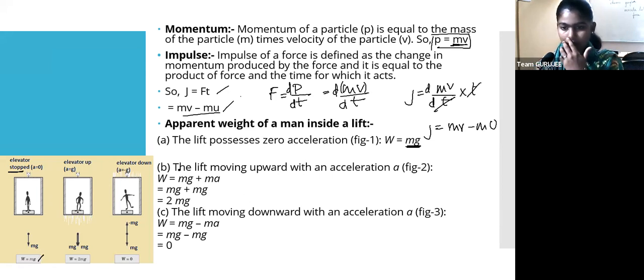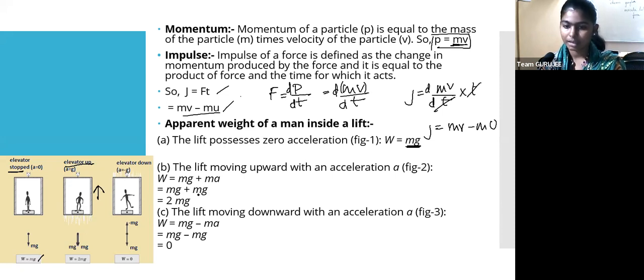Then in the next case, the lift moving upward with an acceleration of a. Elevator up, and here also your lift is having some acceleration. So as it is moving upward, your ma will be there. Your mg will be added with your ma, because it is moving upward, and your downward force mg is also there.